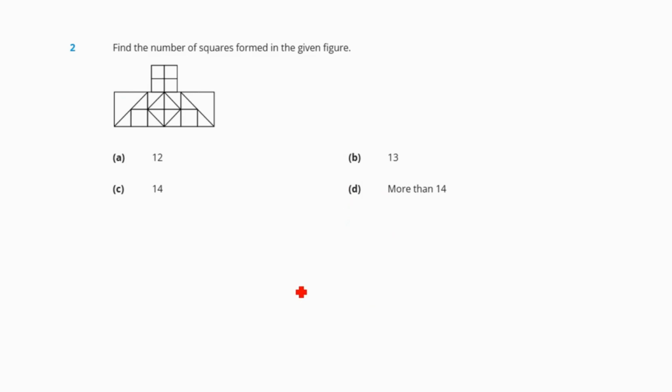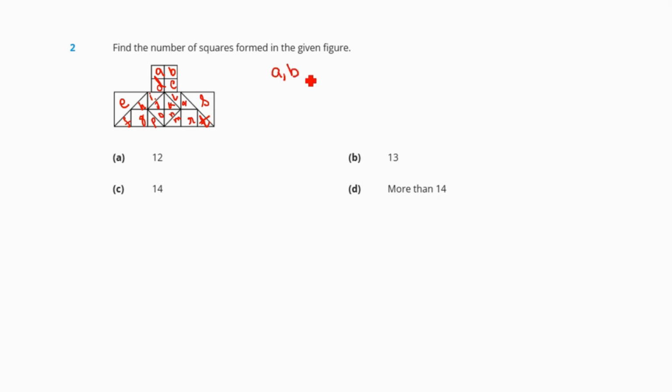Question number 2. Find the number of squares formed in the given figure. So if you demarcate this like A, B, C, D, then this is E, F, G, H, I, J, K, L, then M, N, O, P, Q, R, S. Let's say S is this and T is this, right? So let us find out the squares.